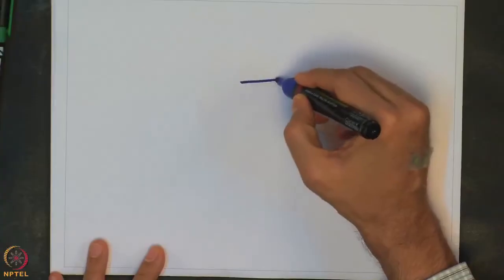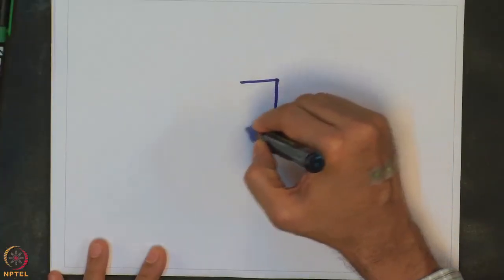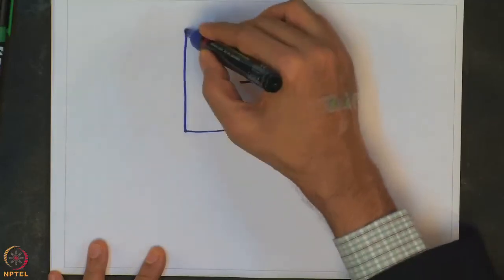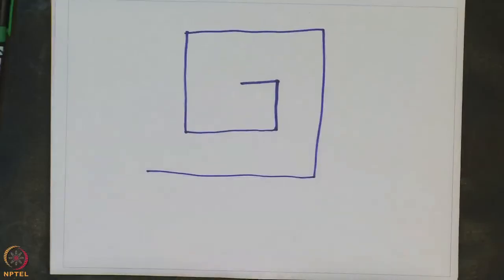So what will happen? First time we will go forward 10 pixels, then we will turn, and after that we will go 20 pixels. After that we will go 30 pixels. After that we will go 40 pixels, and so on. So this won't draw a square, but it will draw a spiral.